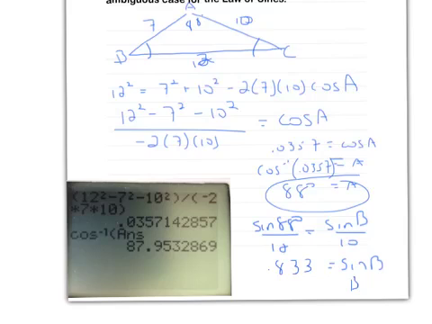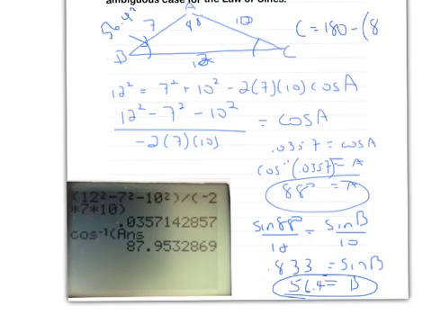So B is going to be 56.4 degrees. Okay, and then once I have B is 56.4 degrees, my C can be 180 minus 88 plus 56.4. So C will equal 35.6 degrees.